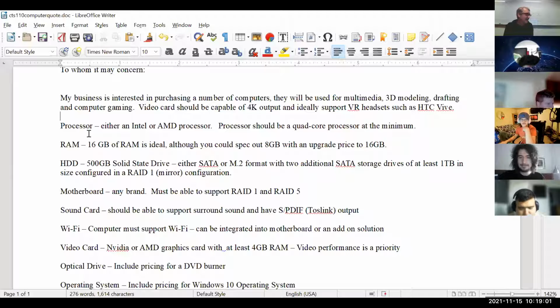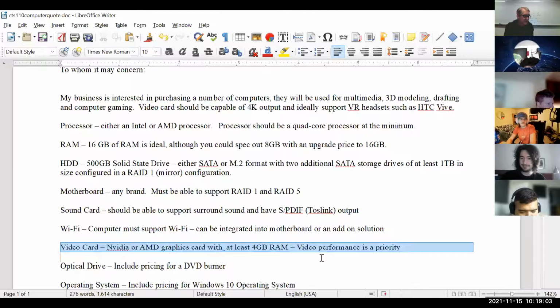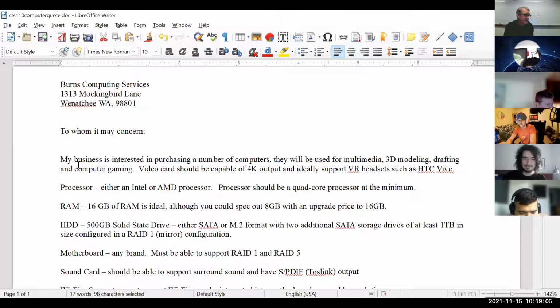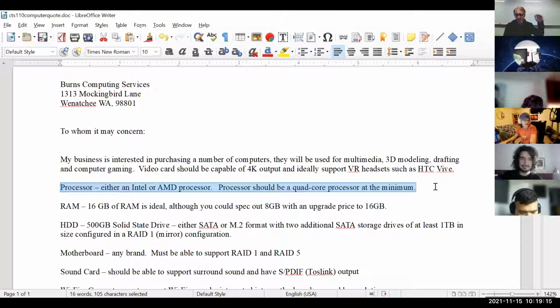Your video card and your processor are going to be the most fluctuating in price, because I left this pretty open. The processor could be a pretty high-end one, and you could spend $400, $500, $600 or more on just the CPU.